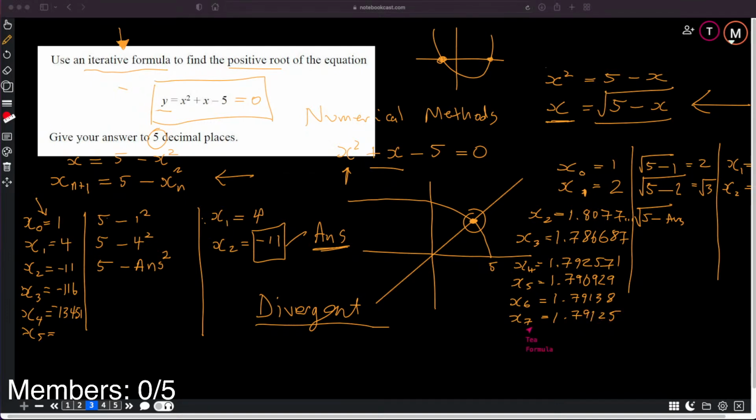1.79125. So we're getting a lot closer now. 1.79. This is going to be my last one. There's a point we will reach. But you can see now that if we rounded this, it wouldn't be quite the same. But let's say we were going for 4 decimal places.